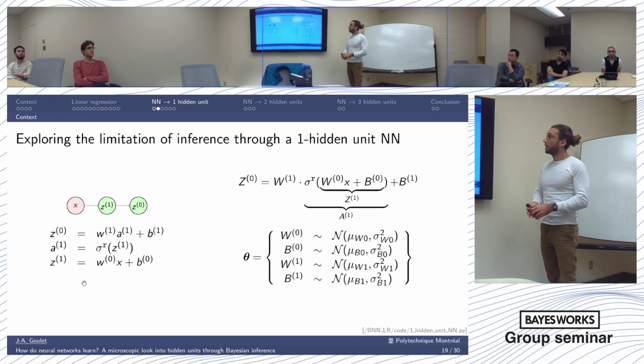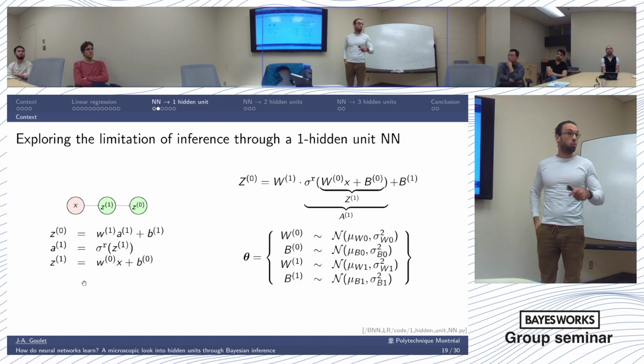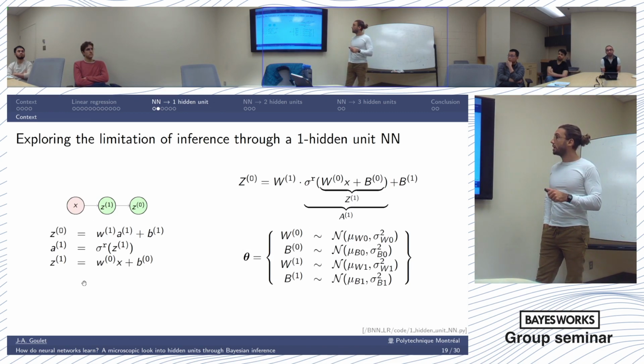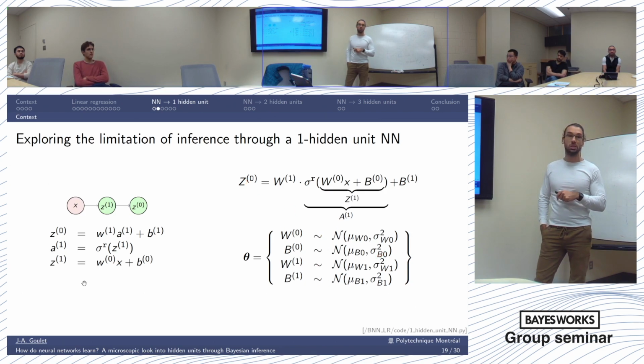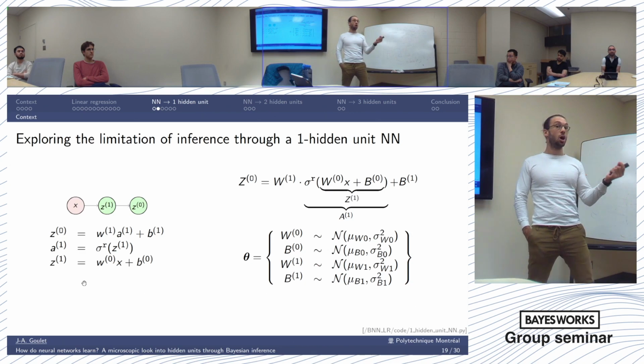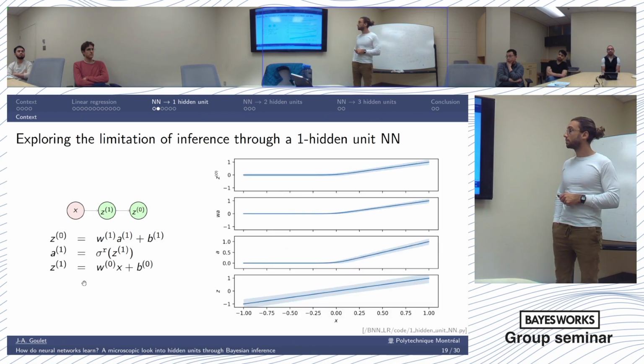So if we want to write it as a one-sequence equation, we have z1, which is w0 x plus b0, all passed through the ReLU, this is a1, times w1 plus b1. This is going to be my z output. And in this case, all my four parameters, w0, w1, b0, b1, are going to be Gaussian random variables.